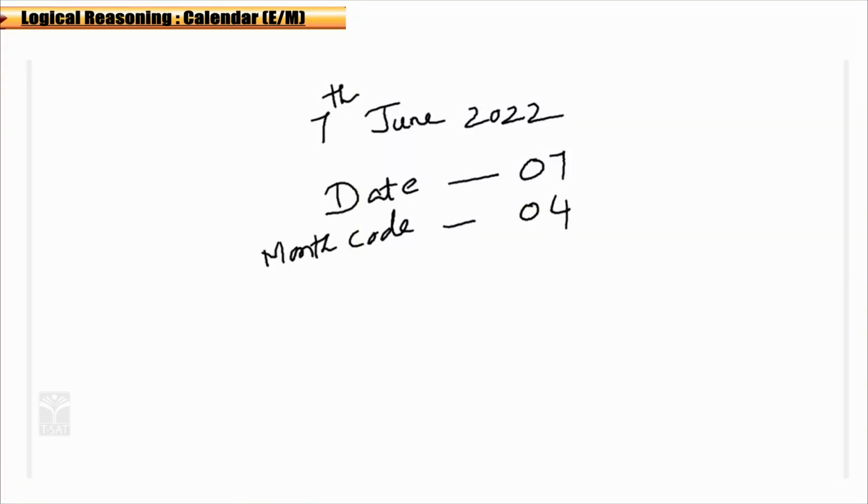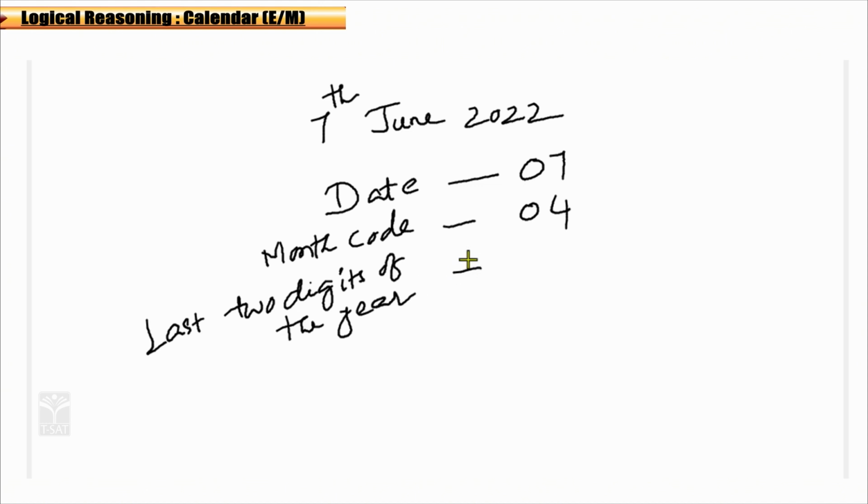Clear? Okay. Now the year, the last 2 digits of the year. What are the last 2 digits of the year? 22. Correct? Okay. And next, you have to write the century code.